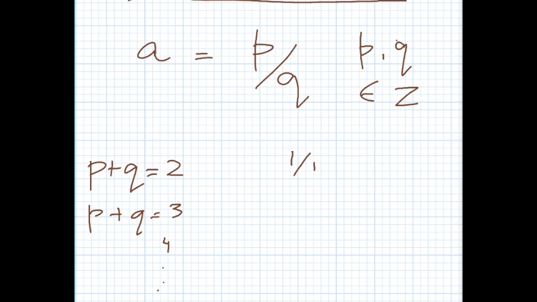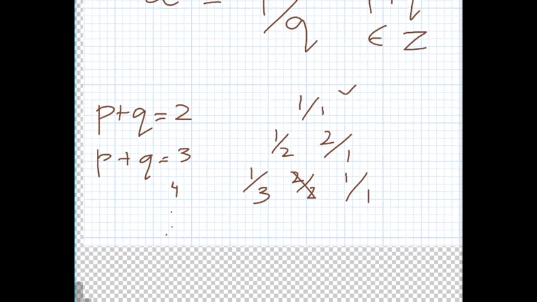Then all the rational numbers in which the sum is 3, so I have 2 of them. Then all the rational numbers in which the sum is equal to 4, I have 3 of them. But this 2 over 2 is already taken care of here, so I'm going to cancel it. 2 over 2 is 1 and 1 over 1 already takes care of that.